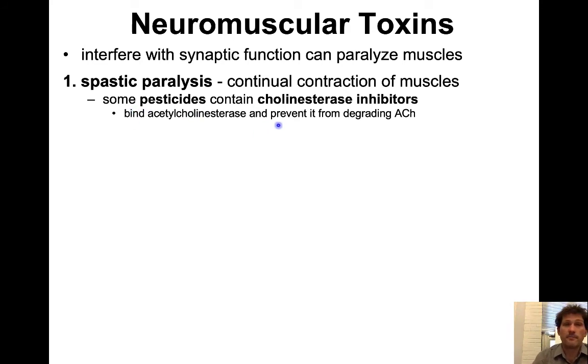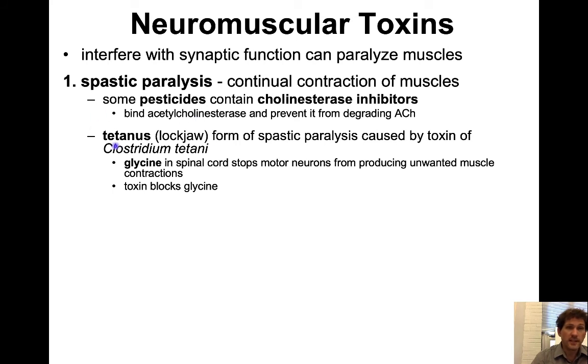They inhibit acetylcholinesterase and prevent it from breaking down acetylcholine, and therefore if you don't break down acetylcholine, you have more binding to those nicotinic receptors, more sodium, and lots of sustained contractions.